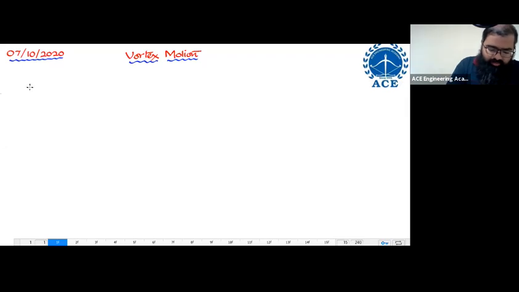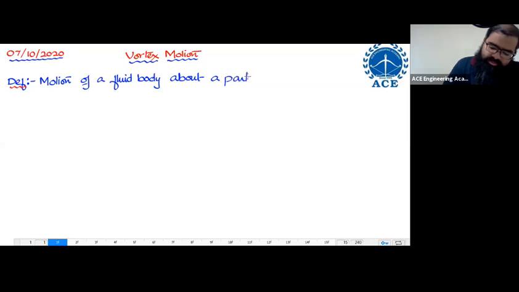So let me define over here vortex motion. Definition: motion of a fluid body about a particular axis such that the normal or radial velocity is zero.